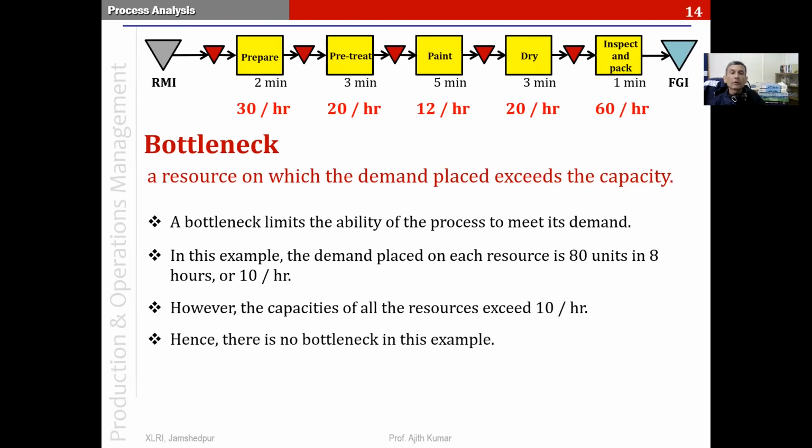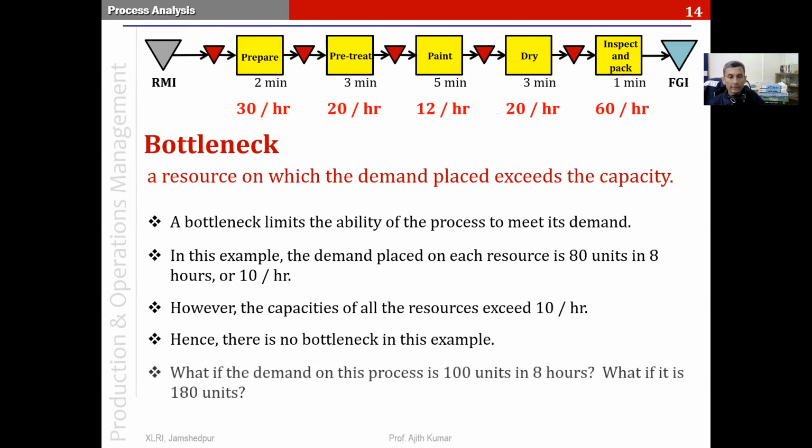Okay, some people point to the resource with the lowest capacity and say that is the bottleneck. But no, until you know the demand, you cannot say there is a bottleneck. Only when you know the demand and you find that the demand is greater than the capacity of some particular resource, you can say that that resource is a bottleneck. Otherwise, there is no bottleneck, or you don't know the bottleneck of the process.